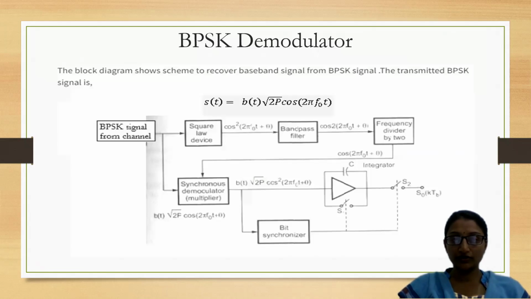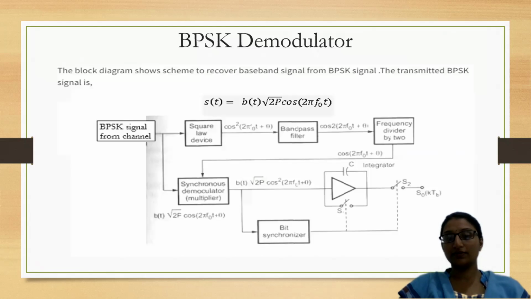and one of the inputs for this synchronous detector is the other form, V of t under root 2P cos 2 pi f naught t plus theta, which is a phase shifted value of the first input. So when we multiply both the values, we get B of t under root 2P cos square of 2 pi f naught t plus theta.